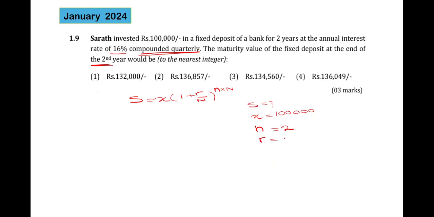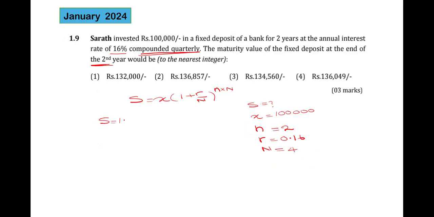R should be 16%, so we take the decimal value 0.16. Capital N means the number of terms per year, how many times the interest is applied within a year. This is quarterly. Quarterly means 4 times a year. So capital N should be 4.